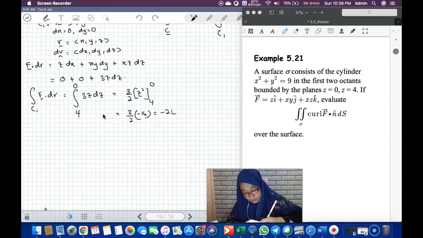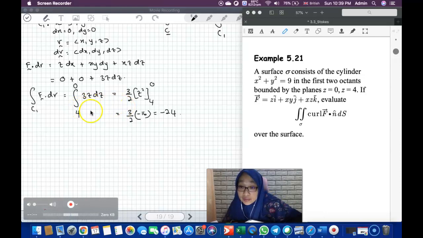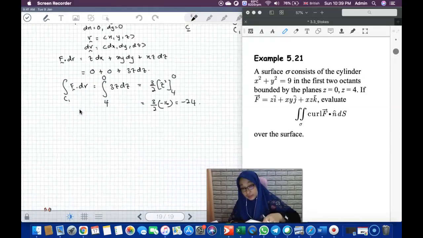Negative 24. You have to follow the direction, even though going from 4 to 0 looks contrary, you have to follow the direction. 4 is your initial, 0 is your terminal of z. Okay, so that is for C1.